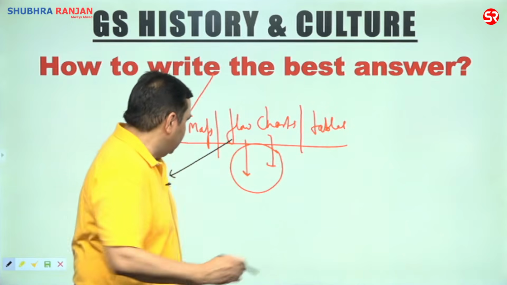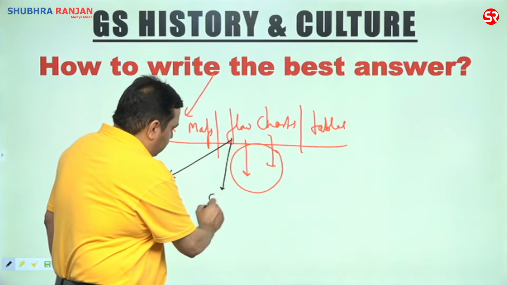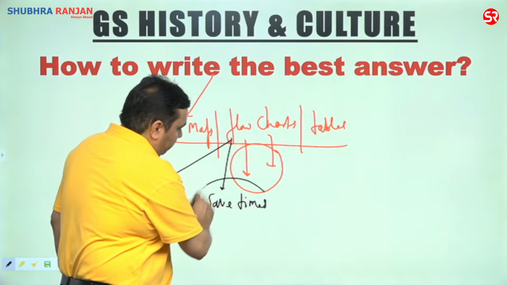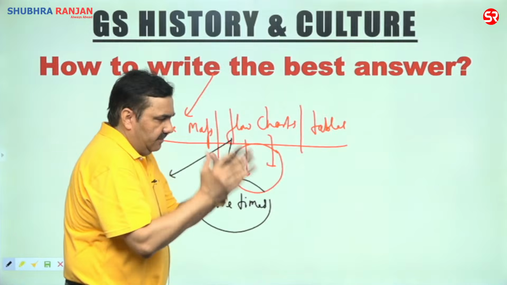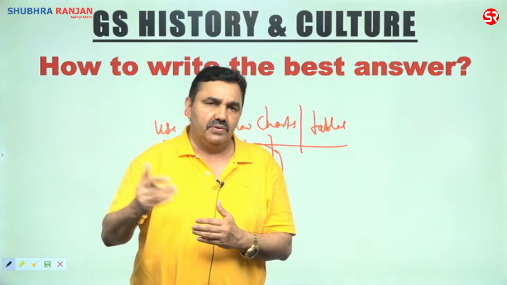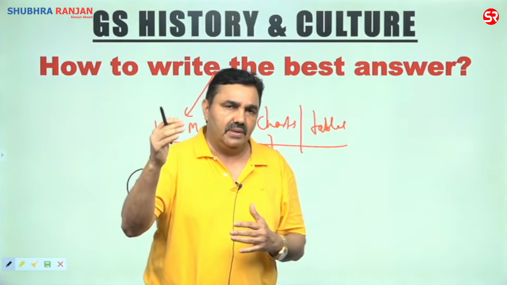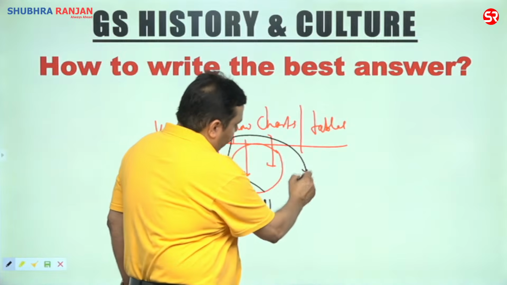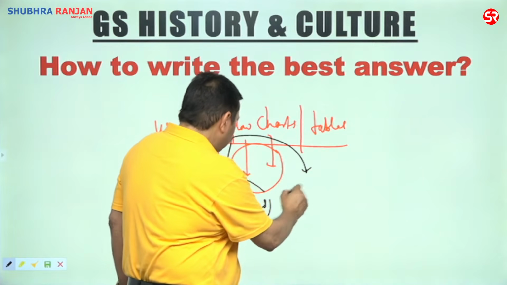Second thing, you can save time because you can display so many points, so many pieces of information in very less time, in just a few minutes or just a few seconds. You can make a decent map, you can make a decent flow chart, and you can save time. Third thing, the pages.